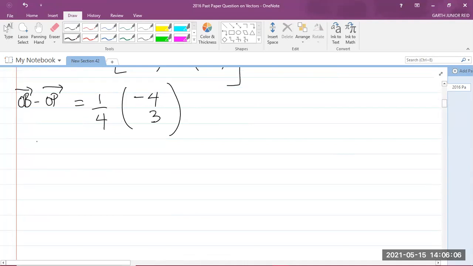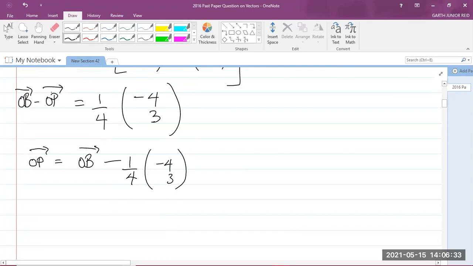If you rearrange the equation to find OP, you will get the vector OP is equal to the vector OB minus 1 over 4 multiplied by the vector (-4, 3). What I did was just transpose the vector OP.